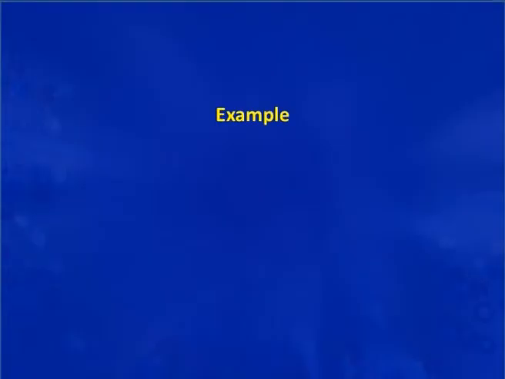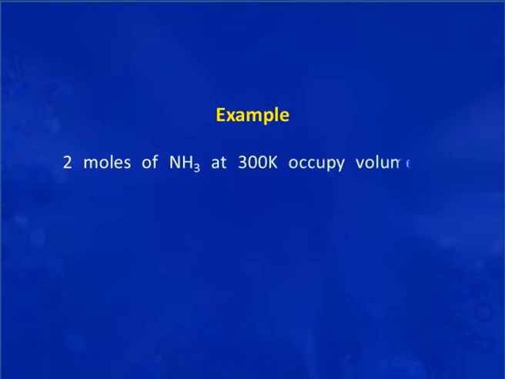Now, there is an example for you. 2 moles of ammonia at 300 Kelvin occupy a volume of 5 into 10 to the power minus 3 meter cube. Now, the question is: calculate the pressure using the van der Waals equation, where the values of the van der Waals constants are given.